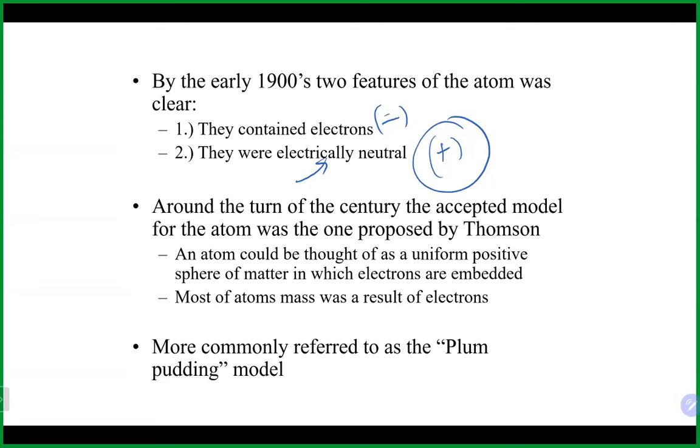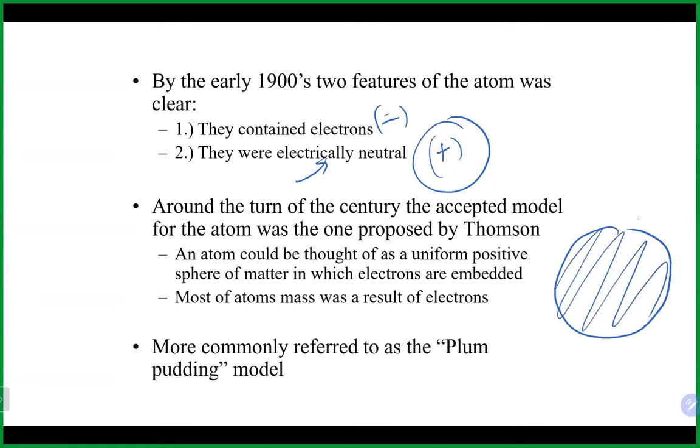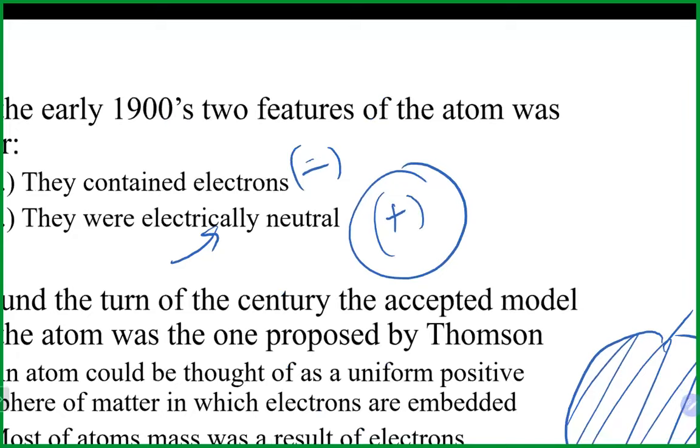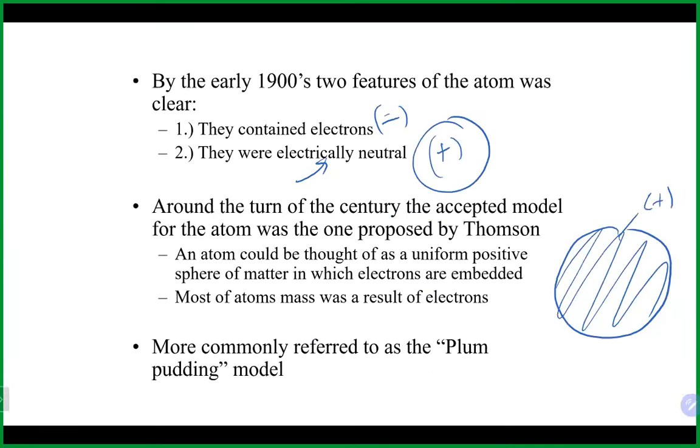And basically what Thomson said was he felt that the atom was this uniform of positive charge. So we have this positive charge that's really spread out over the entire atom. And embedded inside this positive charge were our electrons.